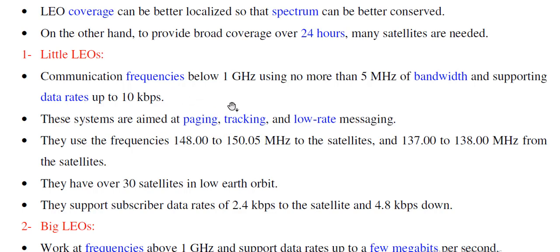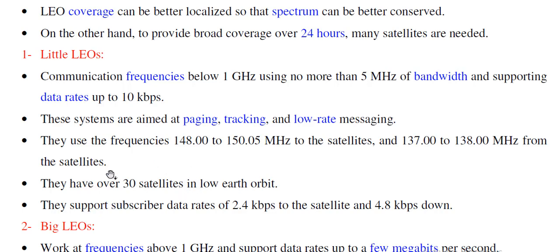Usually they are used for low rate communication such as paging, tracking, or any messaging that requires only a low rate. For instance, they use frequencies between 148 megahertz and 150 megahertz for the uplink, or to the satellite, and another band between 137 and 138 megahertz for the downlink, or from the satellites.